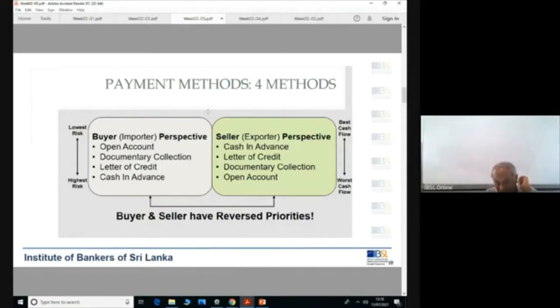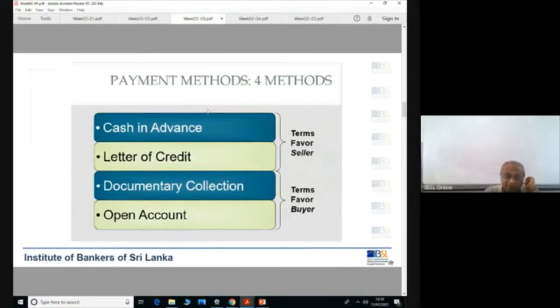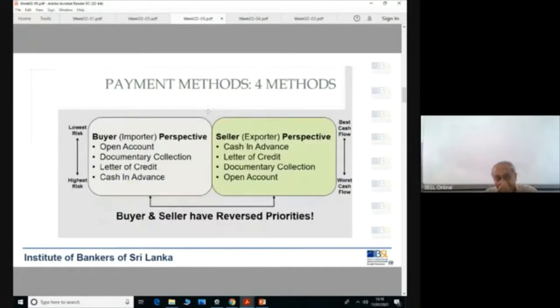See how the risk ladder goes up for the importer and how the ladder plays out for the seller. For the seller, cash in advance is the best cash flow, then comes letter of credit.